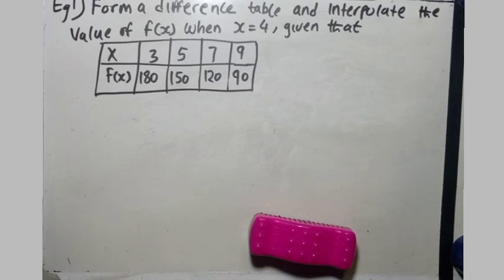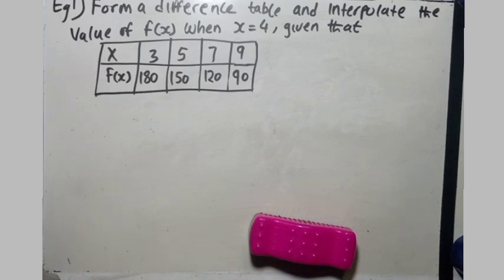Our question says: form a difference table and interpolate the value of f(x) when x is equal to 4, given that x is 3 when f(x) is 180, x is 5 when f(x) is 150, x is 7 when f(x) is 120, and x is 9 when f(x) is 90. Now they want us to find the value of f(x) when x is 4.